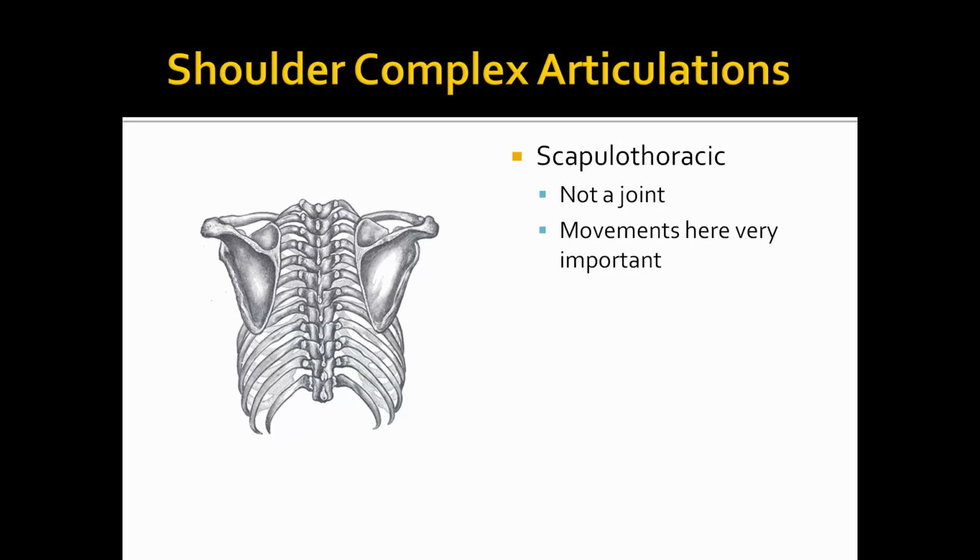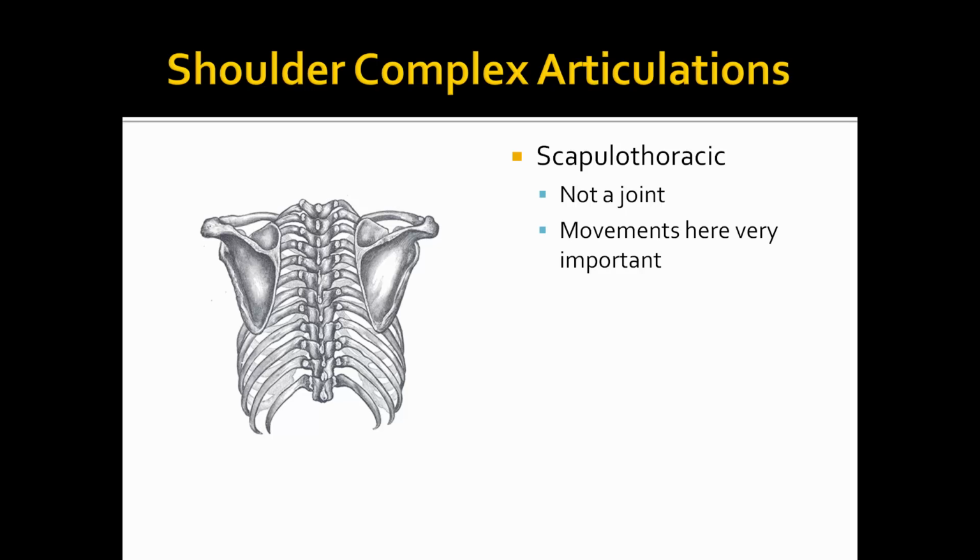So you also have a scapulothoracic articulation. It's not really a joint because there's no bone-on-bone contact. Your thoracic spine is here and your scapula is here, and these things glide on each other and move as you move your shoulder around. I have some videos when we go over injuries of scapular movement and how the scapula moves and all that good stuff.